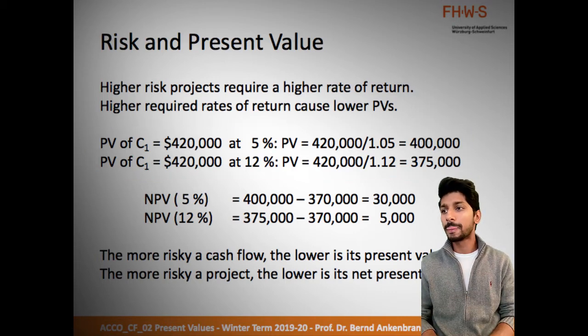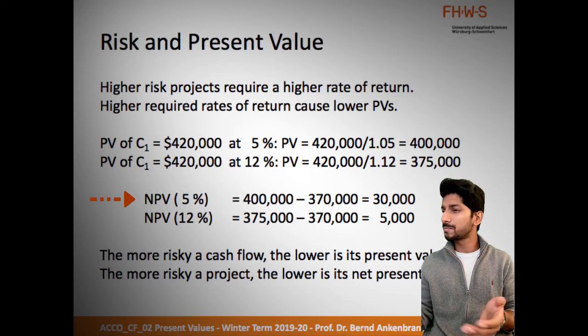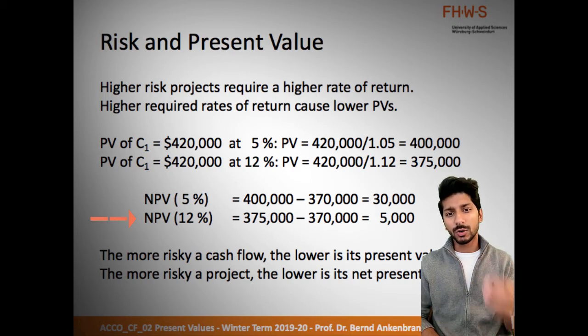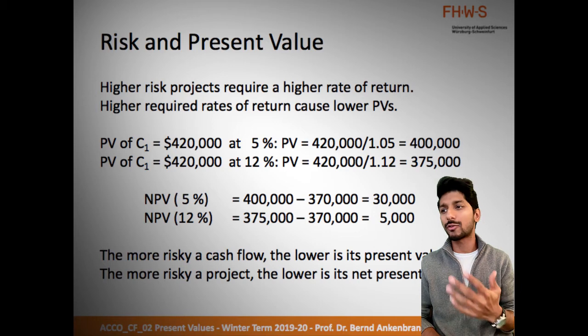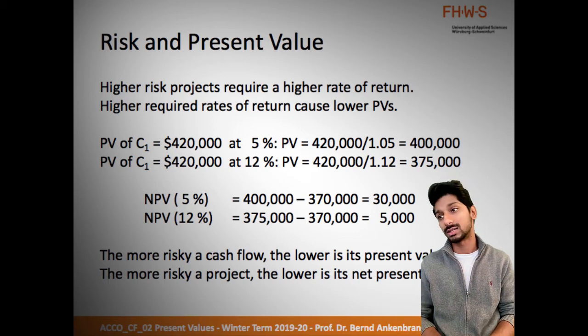So it's lower. Therefore, the NPV at 5% is 30,000, as you can see, and NPV at 12% is 5,000. So it's clear that Bob chooses the building a little bit outside the city because the other is riskier, it costs more interest rate, and therefore he chooses the first over the second.